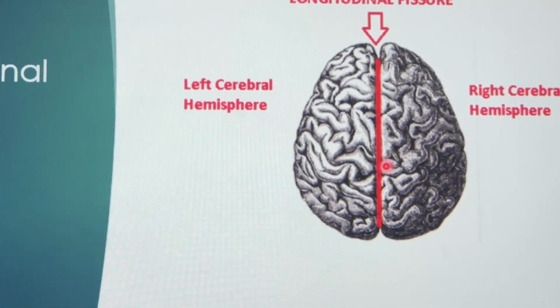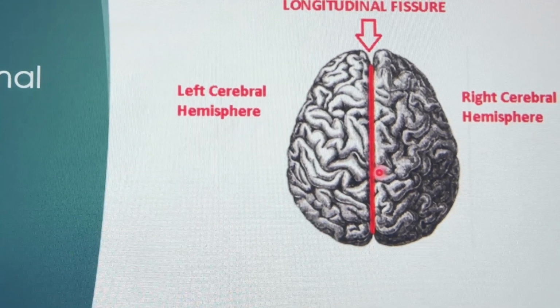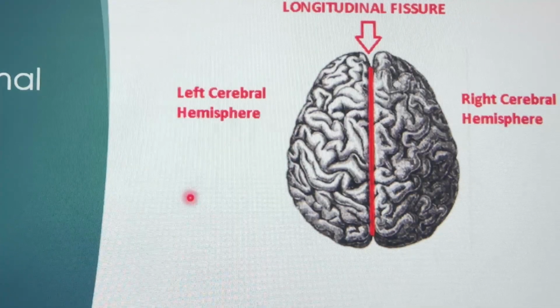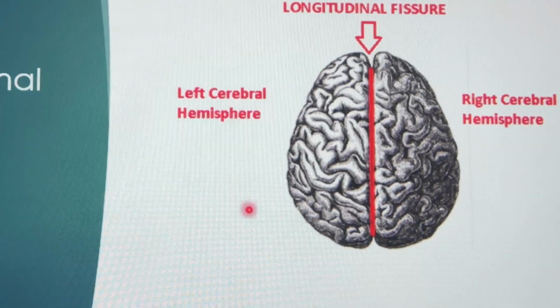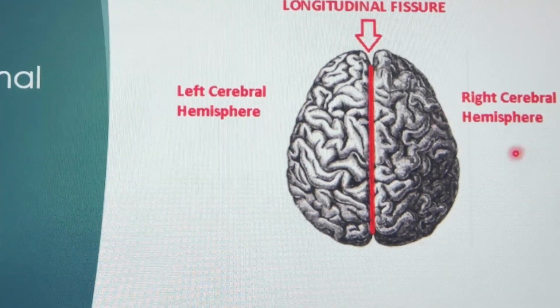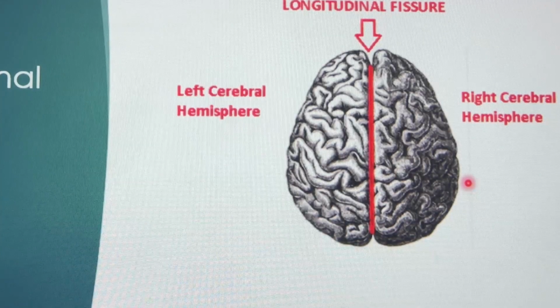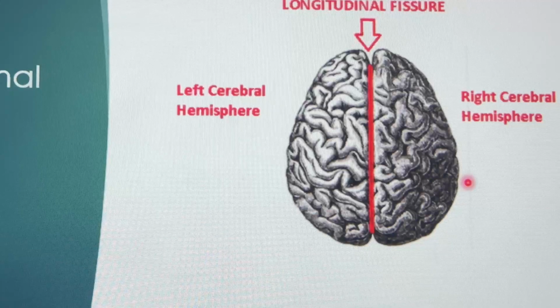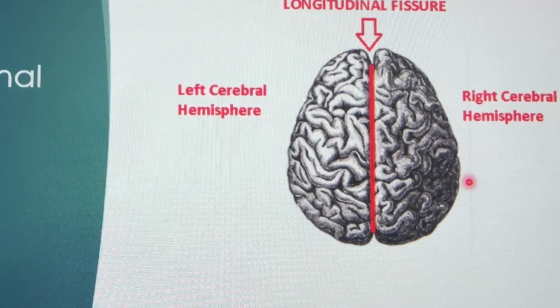The longitudinal fissure separates the brain into 2 hemispheres as shown in the slide, the right and left cerebral hemispheres. At the same time, the inferior sagittal sinus lies in the free inferior edge of the falx cerebri, related to the longitudinal fissure.